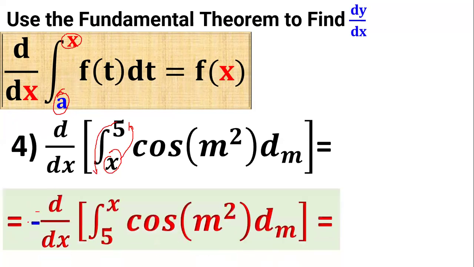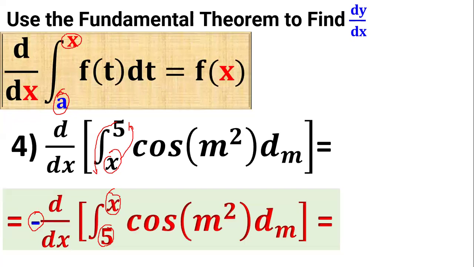When you exchange, don't forget to put a negative. So here, in order to express it in this form, we exchanged 5 and x: we brought 5 down, and we put x at the top. So we can apply this rule. But don't forget to put the negative.